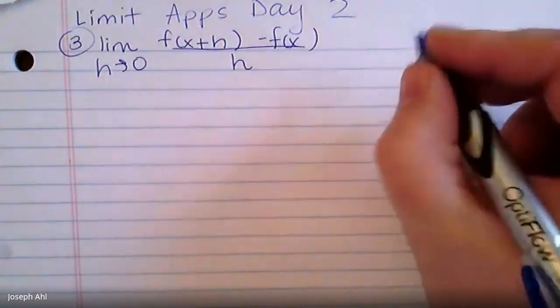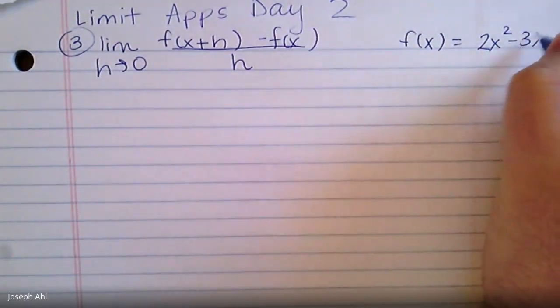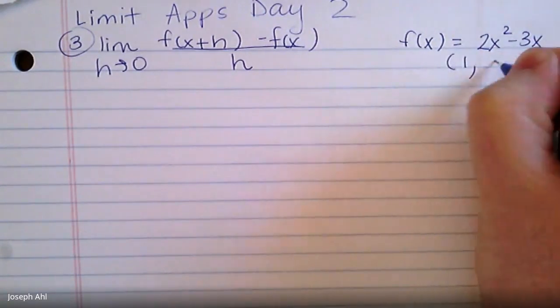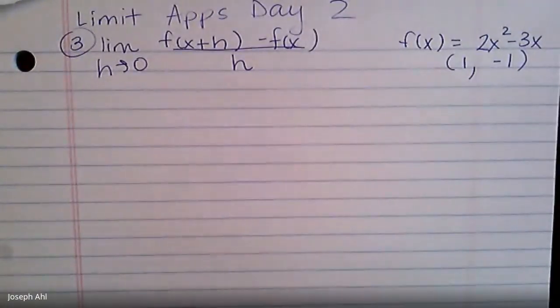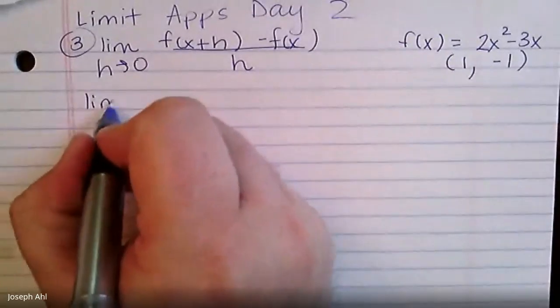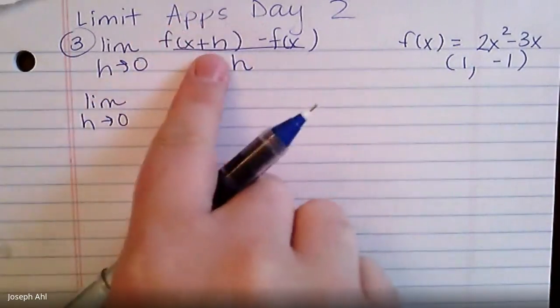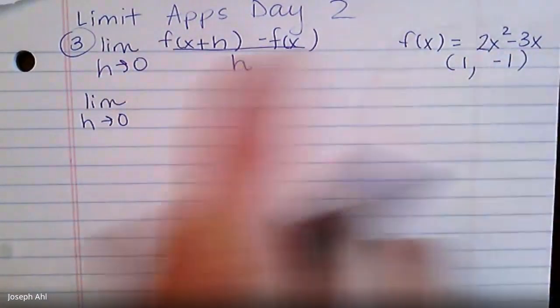The function that you're given in number 3 is 2x squared minus 3x. And we eventually want to find the equation of the tangent line at the point (1, -1). So to get started, I'm going to take the limit as h goes to 0 of this first piece, f of x plus h, which would be plugging in x plus h for both of those x values.